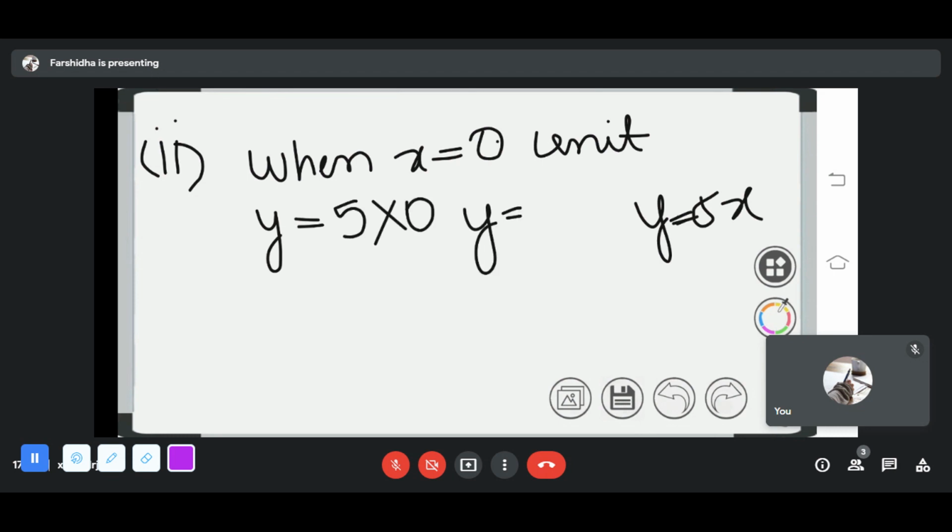So y equals 5 into 0, zero. What is the point? Zero.